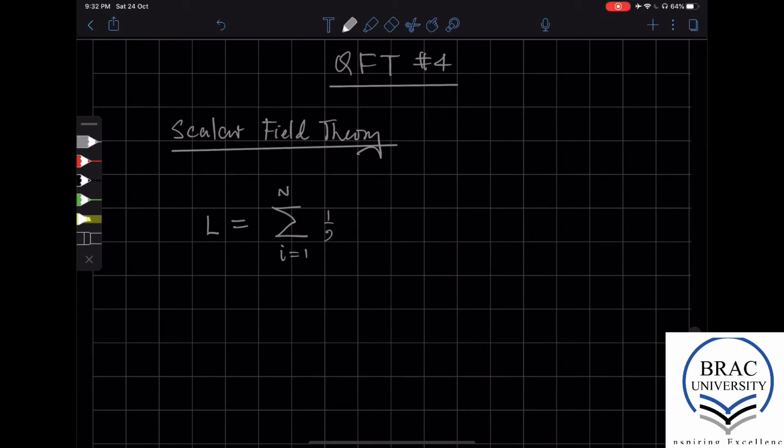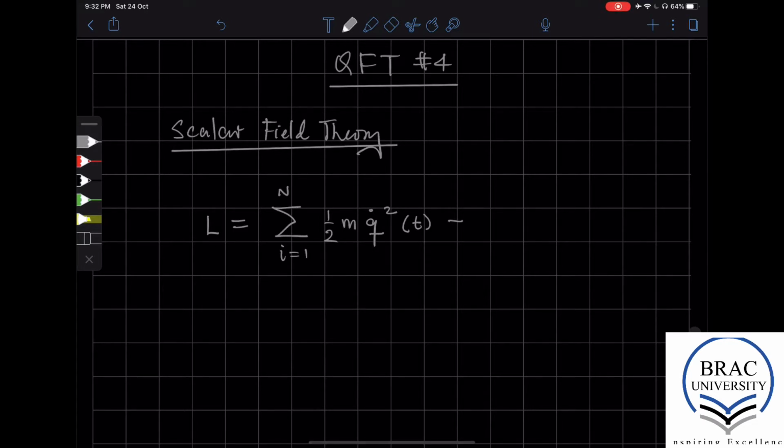And every system, say, which is a particle, has some kinetic energy, which is given by the usual half m q dot squared. q dot is the generalized velocity. And of course, this is going to be a function of time.